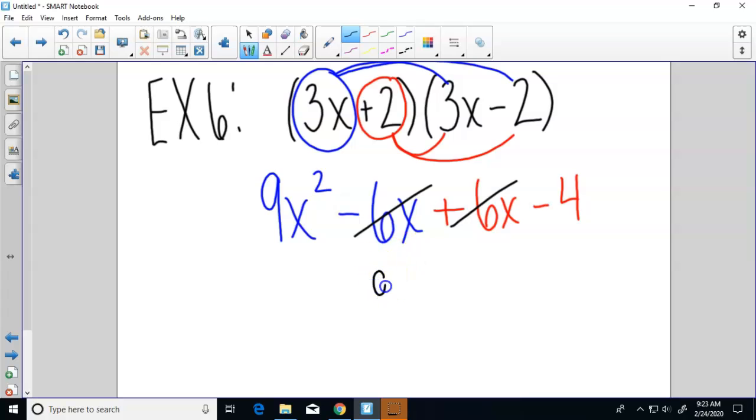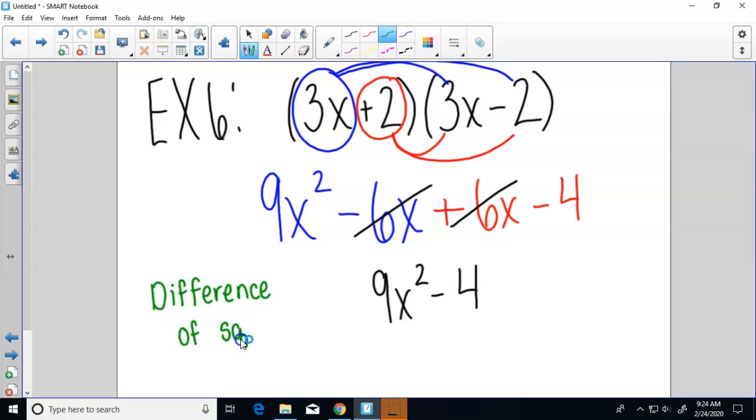So you're only left with the 9x squared and the negative 4. So when this happens, when you have those middle terms cancel out, this has a special name. So over here to the side, I'm going to put this here. This is called a difference of squares.